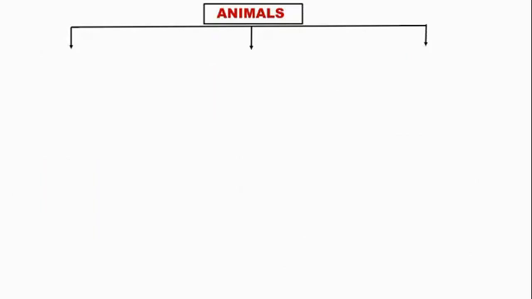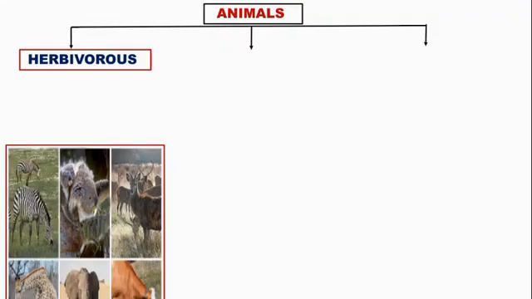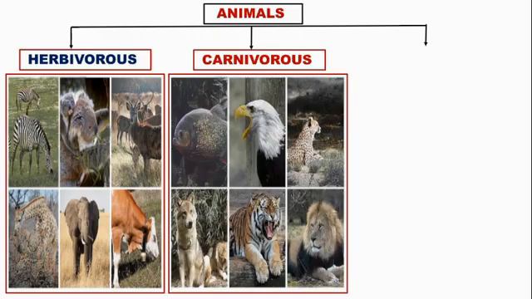So now we will see different types of animals. What are those? Herbivorous. What are herbivorous animals? Herbivorous animals are animals which eat only plants or plant products. For example, zebra, giraffe, cow, etc. The next type of animal is carnivorous.